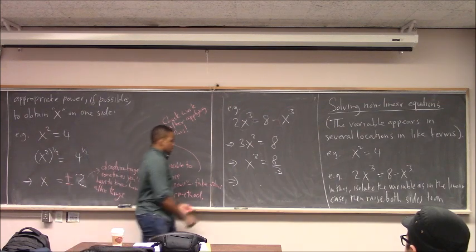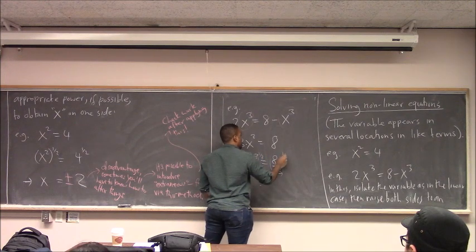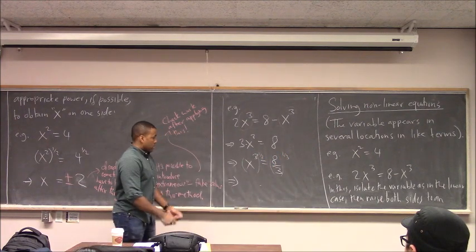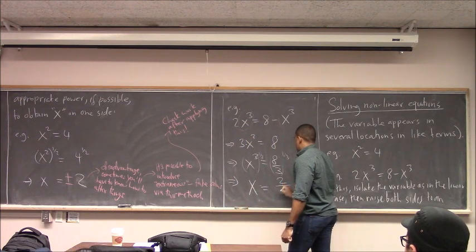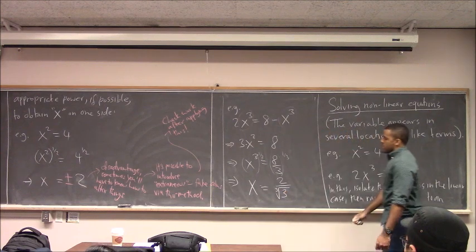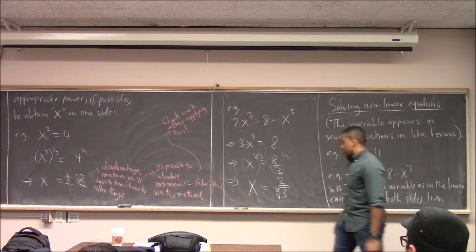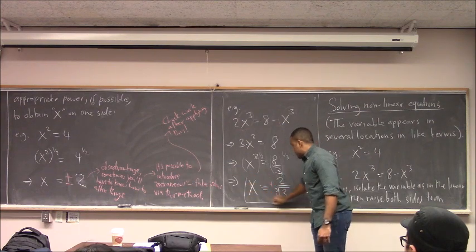And then I can raise both sides to the 1/3 power to obtain x equals 2 over the cube root of 3. Now, when you raise something to the 1/3 power, you do not need multiple signs. It would only be a positive thing.